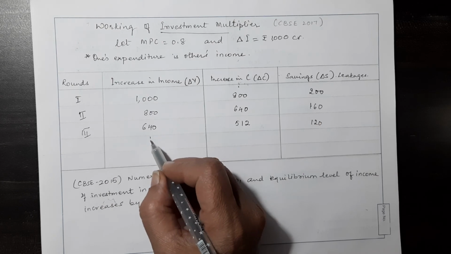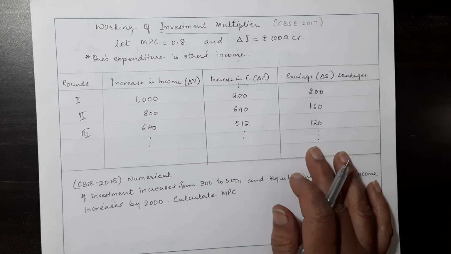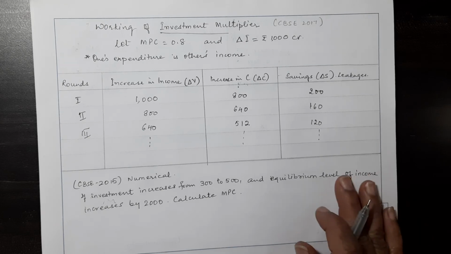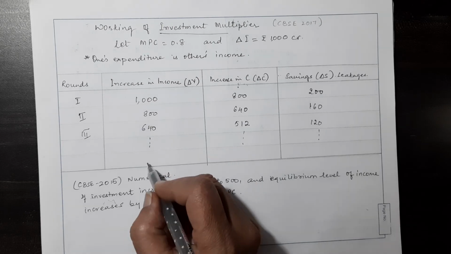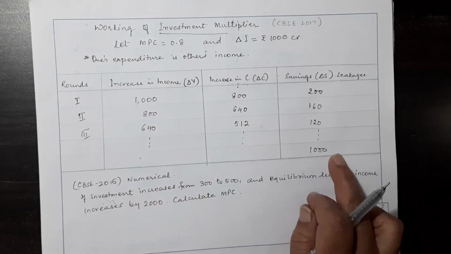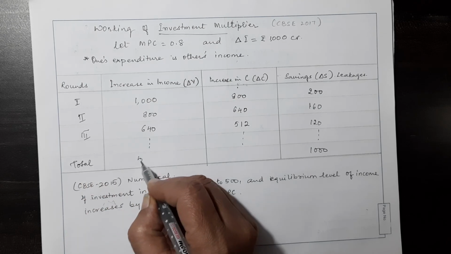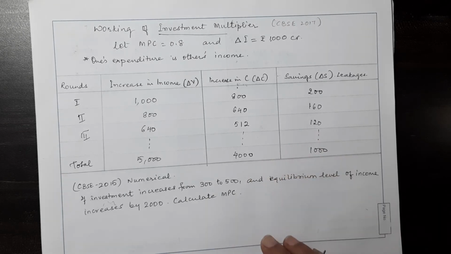This process will continue so long as the increase in savings, that is the total leakages, becomes equal to the increase in investment, which is 1000 crore. So here we have 1000, equal to the initial investment. The total income comes to 5000 crore and consumption will be 4000 crore. So that is the working of the investment multiplier.